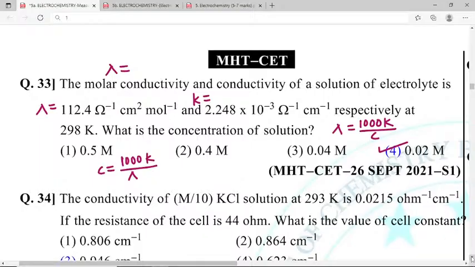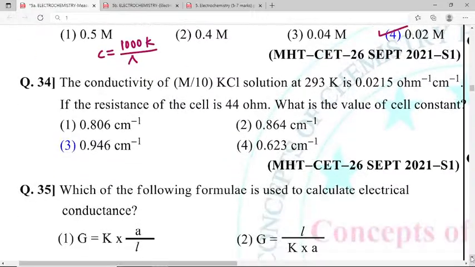Okay, next question. The conductivity of the 1 by 10th KCl. So this is concentration 0.1. Temperature we do not need to add here. K is the conductivity. If resistance of the cell, R, is given as 44 ohm, what is the value of cell constant? So we have to calculate the cell constant. What is the formula?